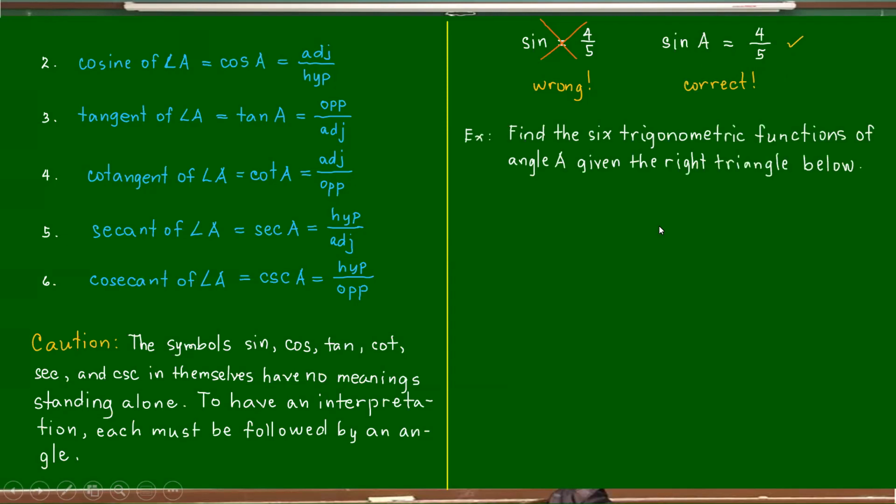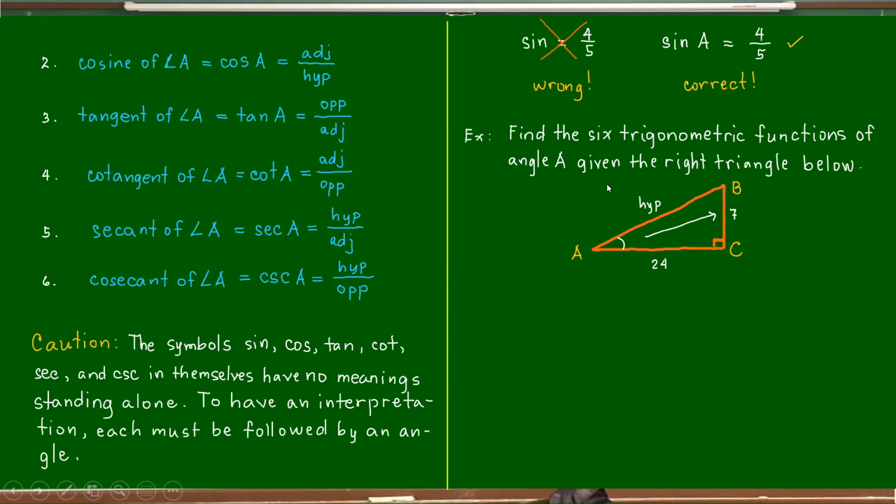So let us have the following example. Find the 6 trigonometric functions of angle A given the right triangle below. So this is the right triangle, triangle ABC with right angle at C. Opposite to angle A is 7 units, that's the length of BC. Adjacent to angle A is 24 units, which is the side AC. And the side AB, the hypotenuse, is unknown.